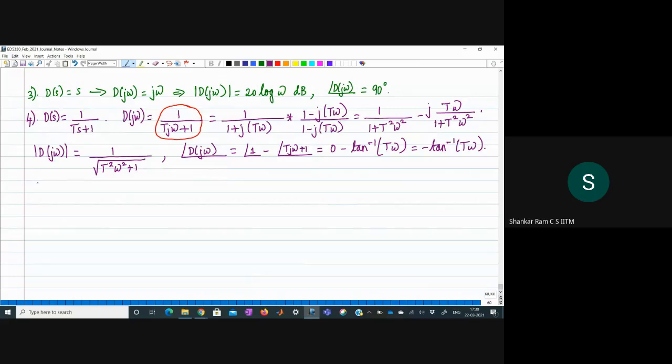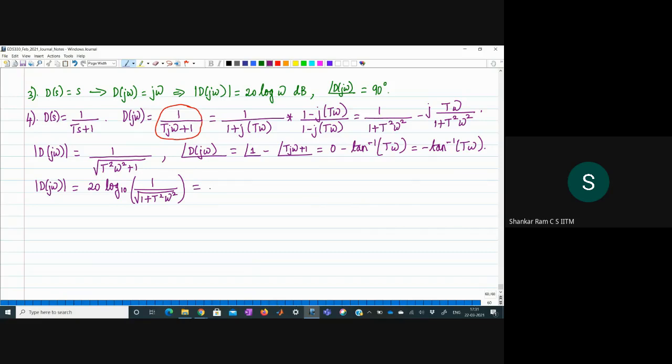Now let's analyze this magnitude a little bit more. If you want to look at the magnitude in decibels, we take 20 log 10 of the magnitude, which is 1 by the square root of 1 plus T squared omega squared.